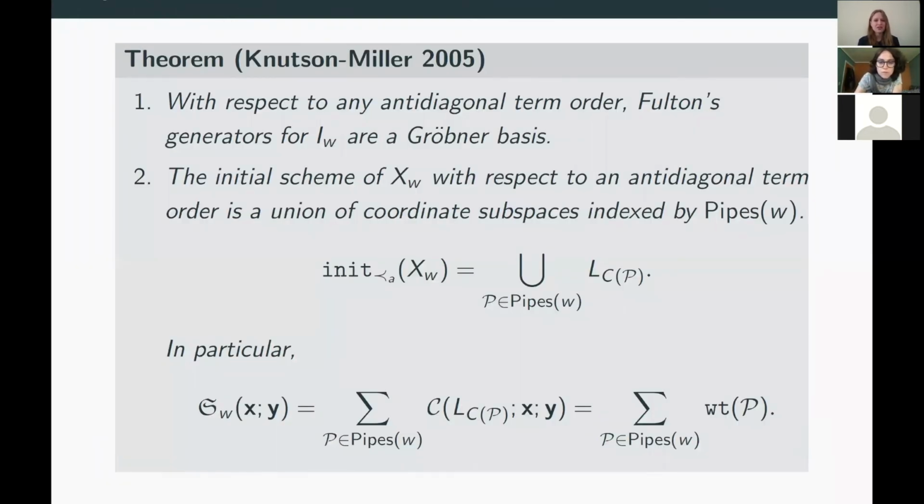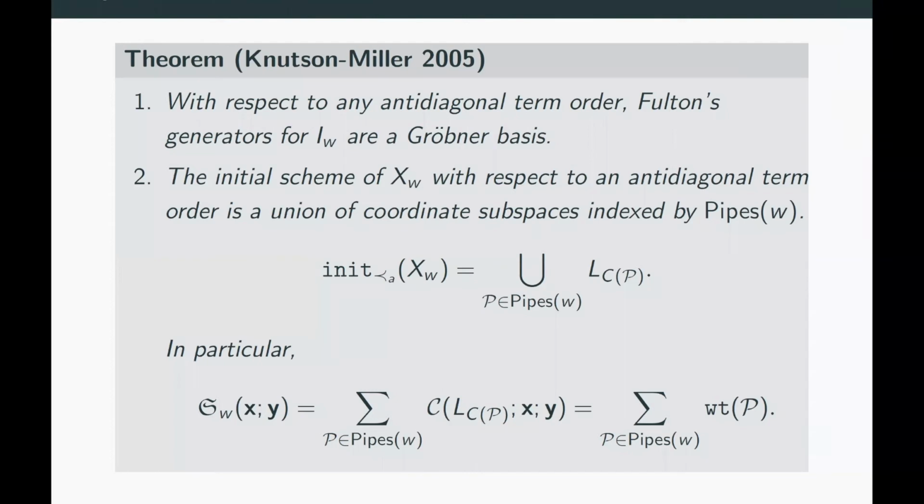So kind of the magic of their Gröbner geometry story is they show that for any anti-diagonal term order, Fulton's generators are a Gröbner basis. And not only that, but the initial scheme that we see, its coordinate subspaces are indexed by pipe dreams for the permutation.